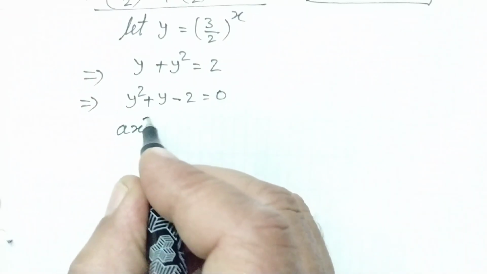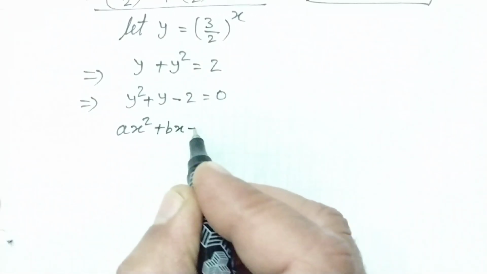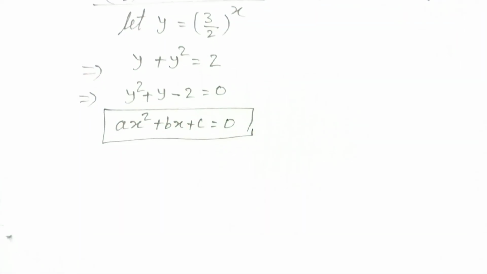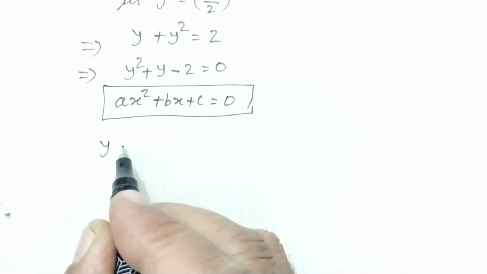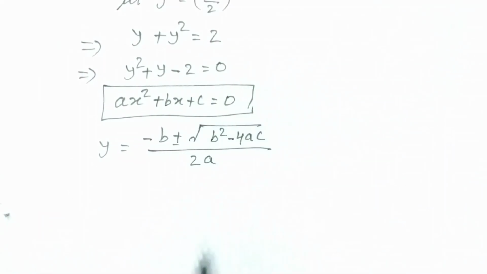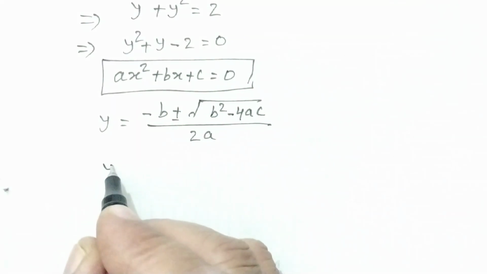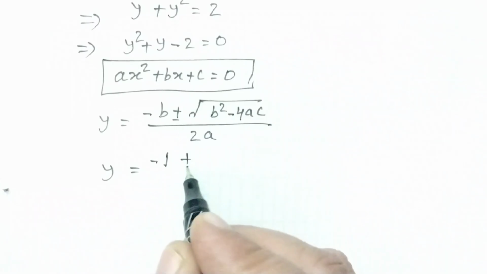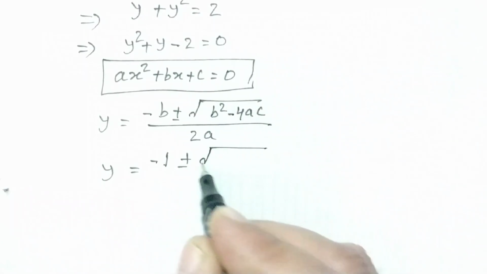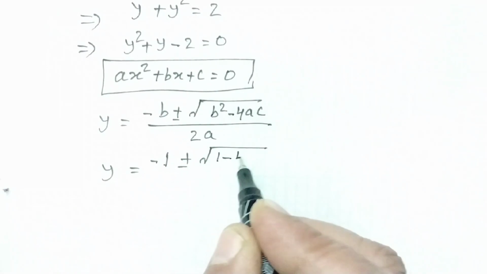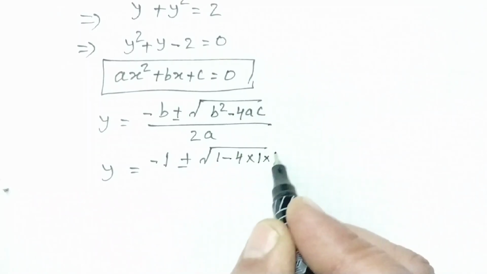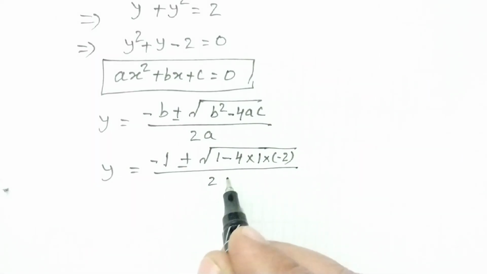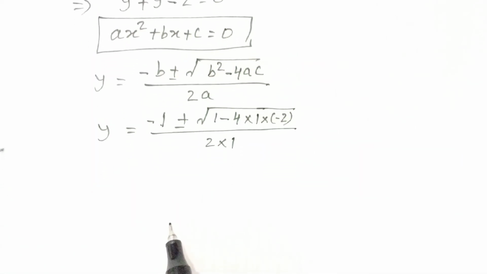Standard quadratic form of equation is ax square plus bx plus c is equal to 0. Fine. So y will be equal to minus b plus minus square root of b square minus 4ac over 2a, right? So y is equal to minus 1 plus minus square root of 1 minus 4 into 1 into minus 2 over 2 into 1, right?